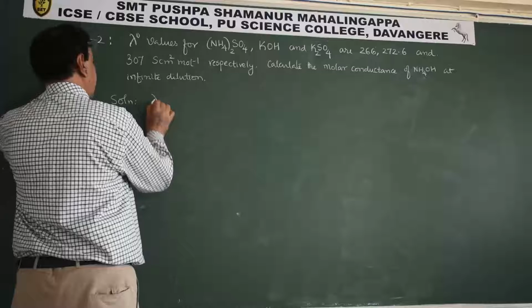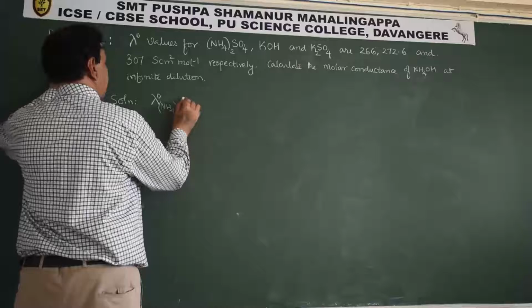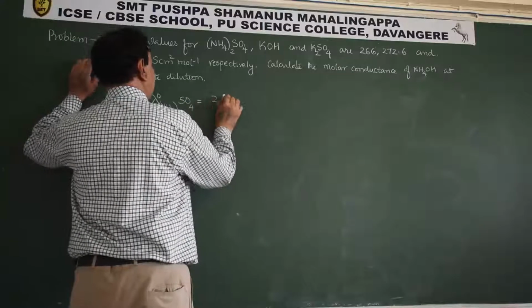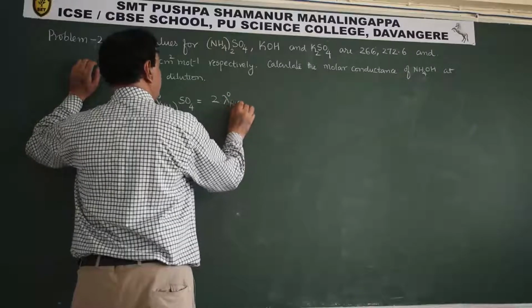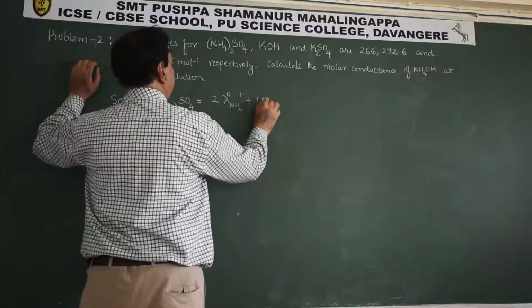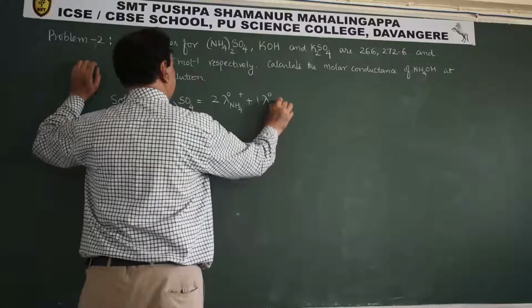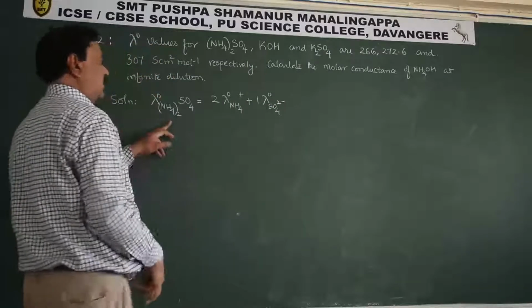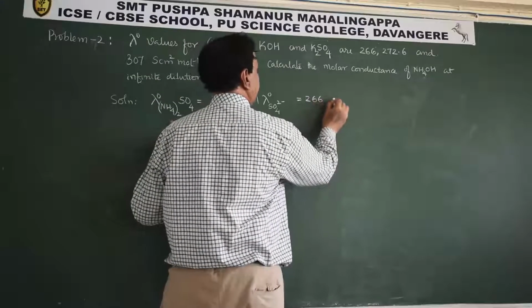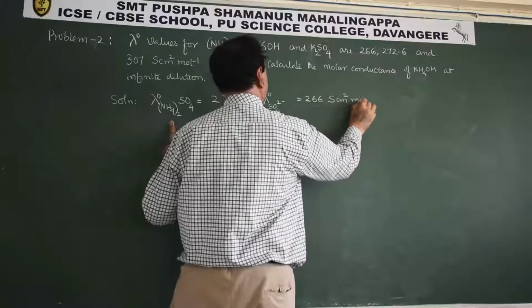Lambda naught of ammonium sulfate is given by 2 times lambda naught of ammonium ion plus 1 time lambda naught of sulfate anion, according to Kohlrausch's law. This value is 266 Siemens square centimeter per mole.